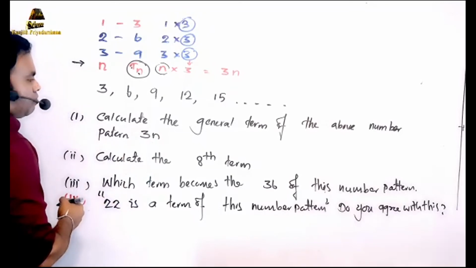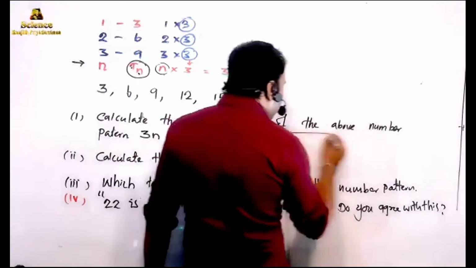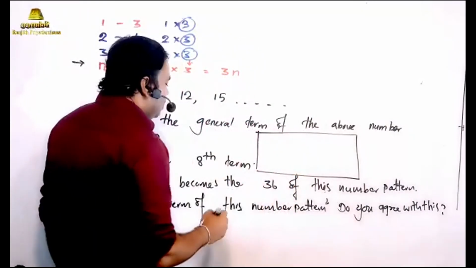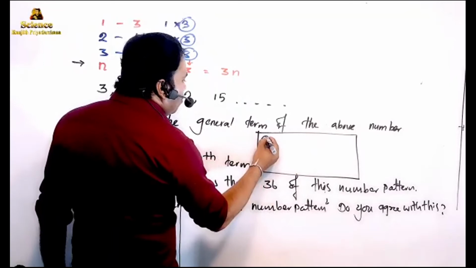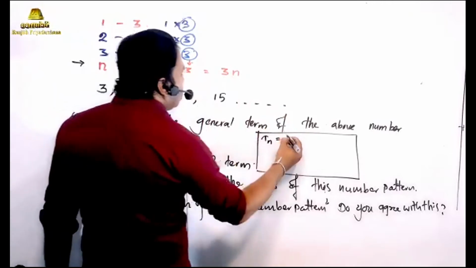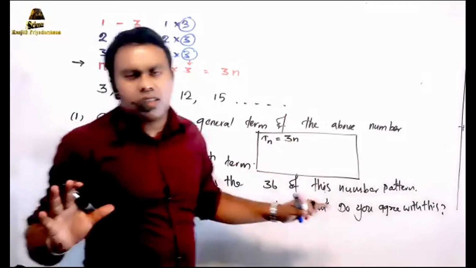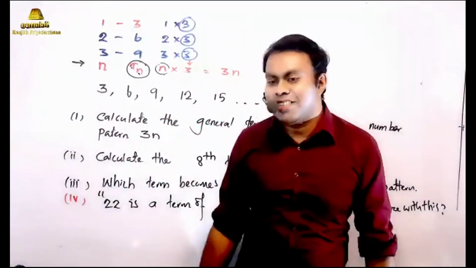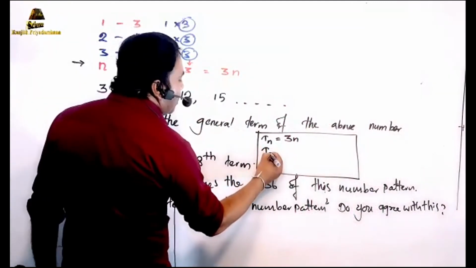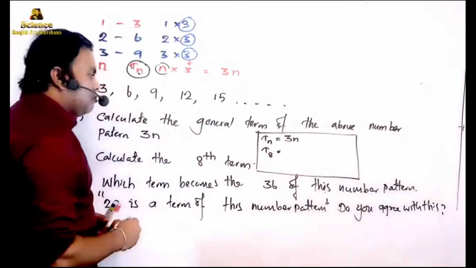Calculate the 8th term. You just write it here. I think some of you have done this. For the 8th term, you first put that the nth term equals 3n. That's the general term. Any term equals 3n. If it is the 8th term, you write T8. Get used to this method. It doesn't matter whether your school teacher likes it or not.